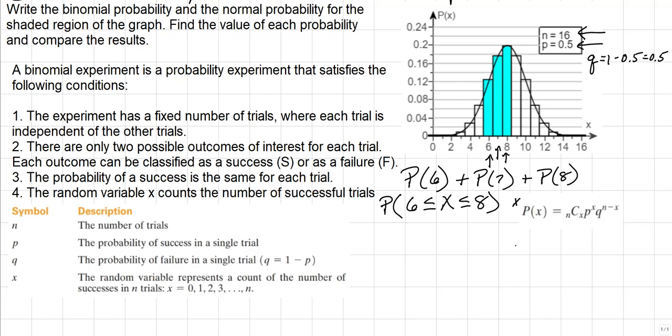This is our formula right here: P of x is equal to n items taken x at a time in a combination, times p raised to the x power, times q raised to the n minus x power. So just for P of 6, it would look like this.